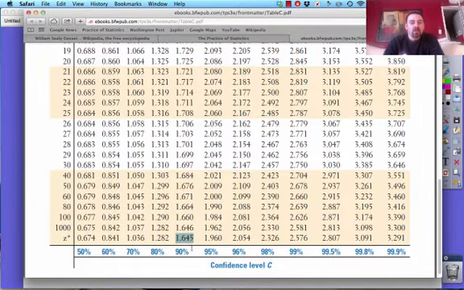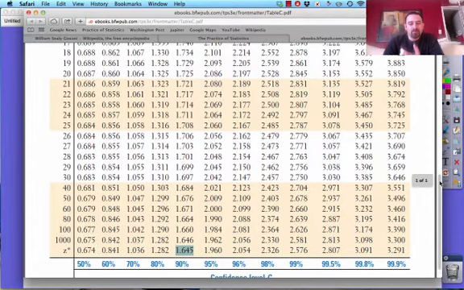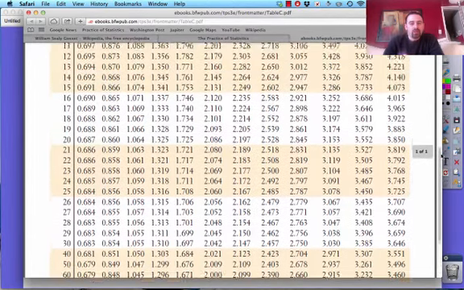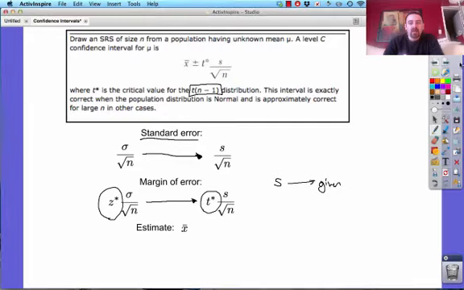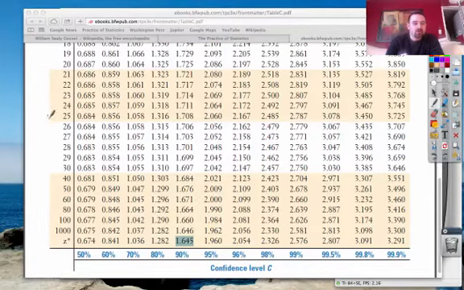Okay. Suppose I have a sample size now of 10. Well, if I have a sample size of 10, I have 9 degrees of freedom. So n equals 10 implies degrees of freedom equals 9.